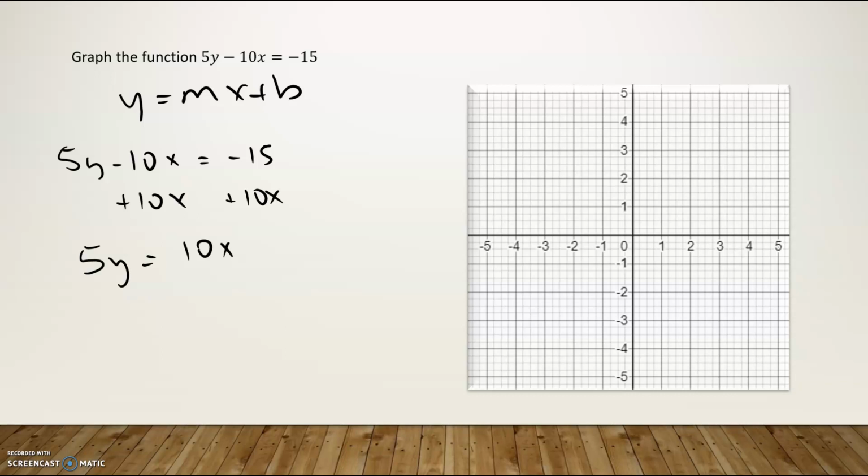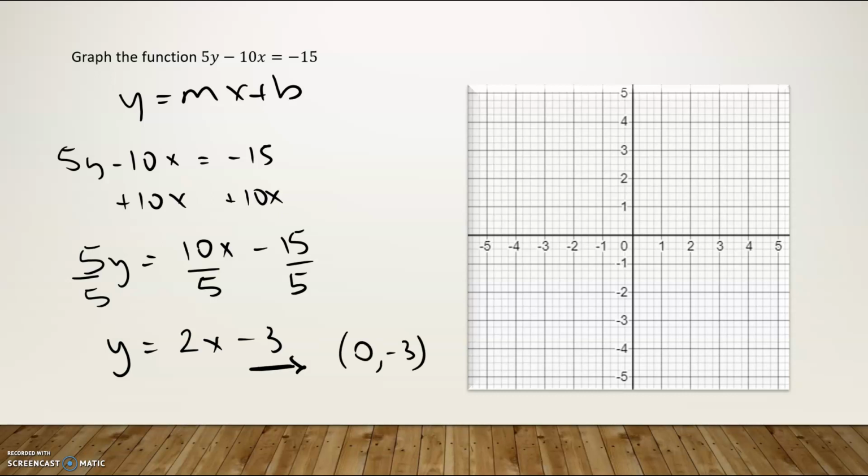So 10x minus 15. And then divide each term by 5. So y is equal to 2x minus 3. Now I know that this is the y-intercept, so it will have the point 0, negative 3. So that would be right here.